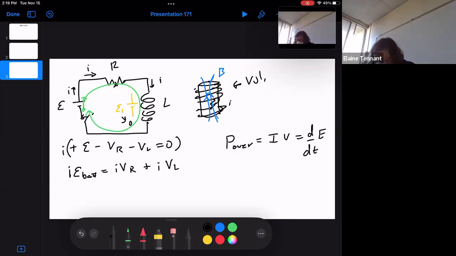Okay. Over here, this is the power from the battery. So the power coming out of the battery is just whatever current it's supplying at the voltage that it's set at.